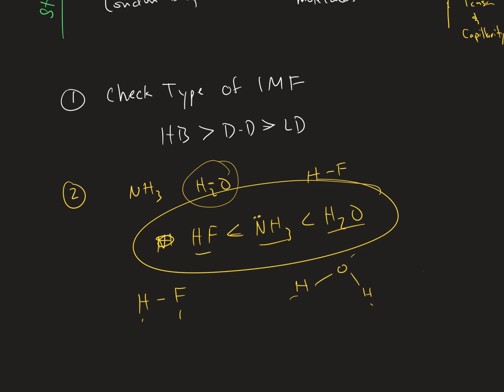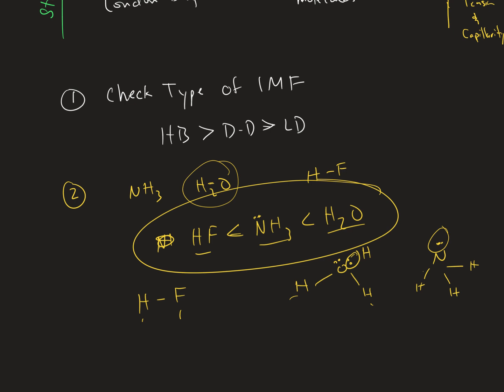NH3 has 3 points, but because oxygen is more favorable to attract another hydrogen there, it's going to have those extra 2 points. And nitrogen has these 3, but it's not as favorable for that one. So you're basically checking how big the structure is.